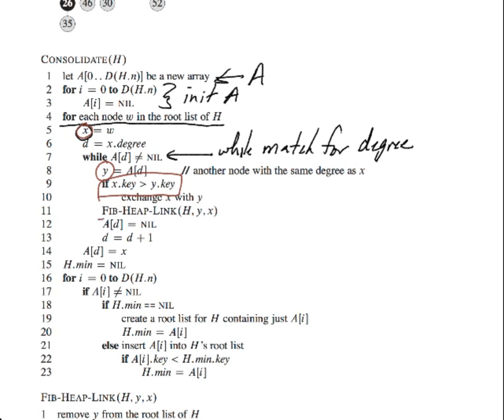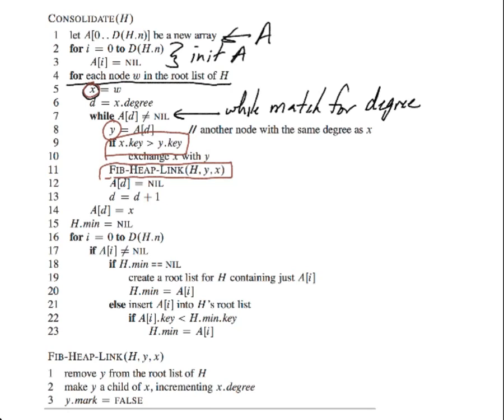And then we're going to call this fib heap link, which is very straightforward. We're going to remove Y from the list, make Y a child of X, and then update mark. Okay, so we link those, then we set the node at that particular degree to null.